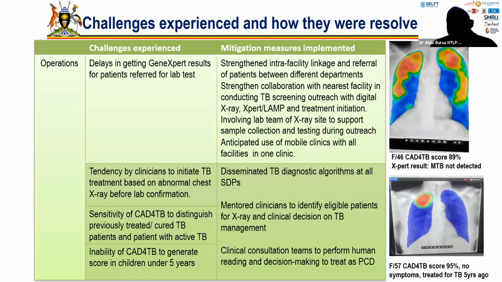So someone would think this is active TB, but when you get the history of previous treatment, we don't know if this is due to a previously healed scar from TB or a new active disease. So this is an area which we want to pose to the developers of this technology: how sensitive is the artificial intelligence in distinguishing between a healed scar and active disease? Next slide, please.